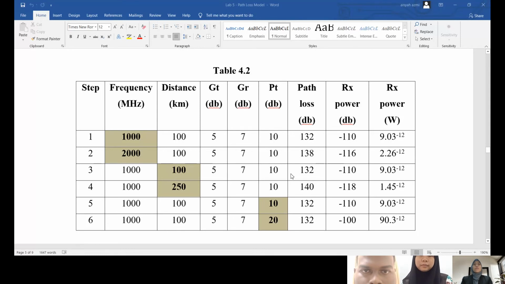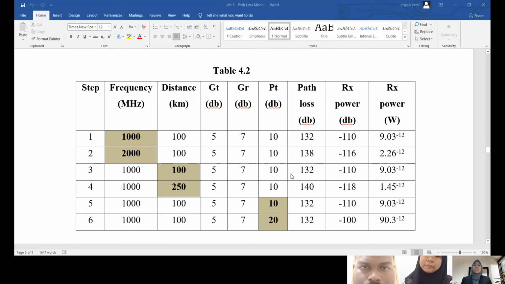For number 4, we use distance 250 and frequency 1000, GT 5, GR 7 and PT is 10. The result is path loss 140, Rx power negative 180 and Rx power in watt is 1.45 picowatt.